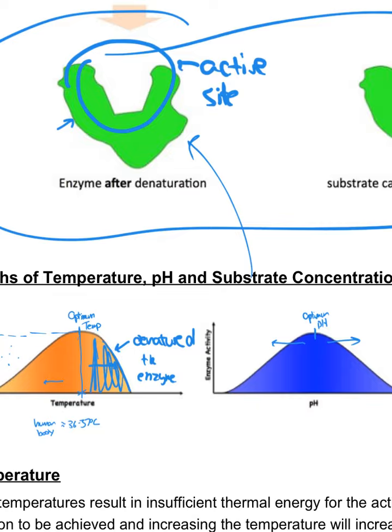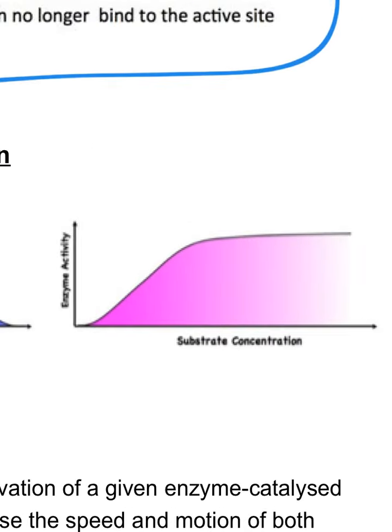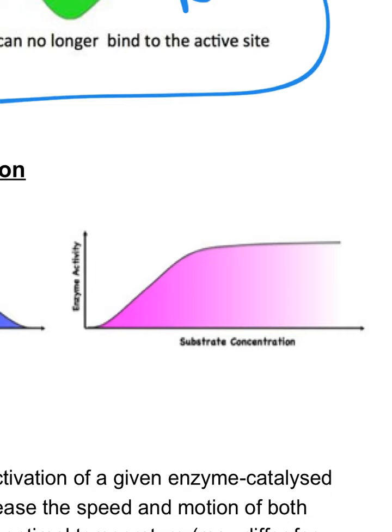All right, and the very last graph here is enzyme activity and substrate concentration. So this one should make sense. After a while, if you increase the substrate concentration, you will increase the rate of reaction. The reaction will go faster. That makes sense because, remember, we're all a bunch of chemical reactions.